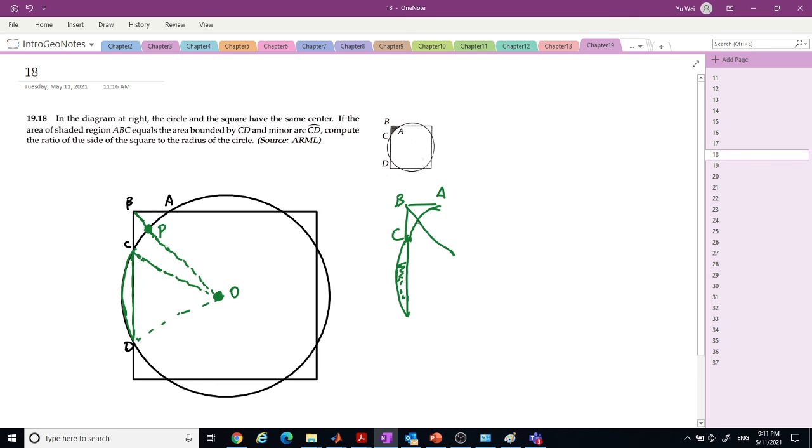I say this is area 1 and this is also area 1. So this part is half of area 1. If we cut in the middle here, this part is half of area 1, so this part is also half of area 1. So these two are equal.